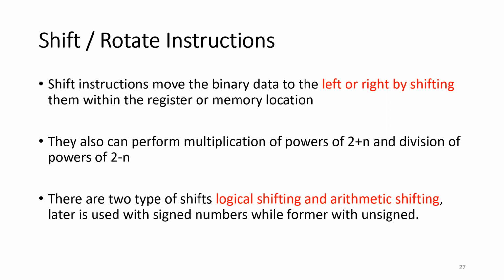Shift and rotate. So shifting is moving, correct? I'm shifting this register to that register. So it is again similar to your moving instruction, the transfer instruction, the shifting. But in this shift and rotate, let me check.